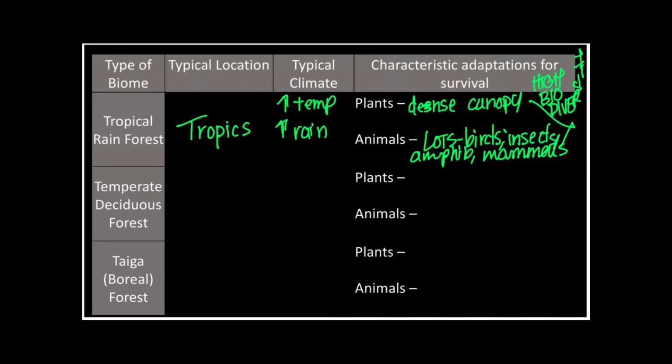Okay, next. The deciduous forest. That's going to be in areas kind of like those mid-latitudes, kind of where we live. And you're going to have defined seasons and moderate rainfall. These places are going to have deciduous trees.